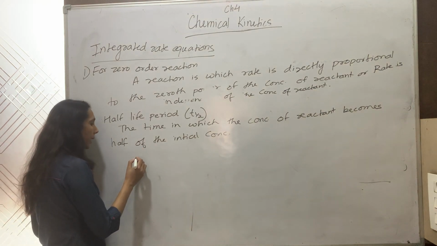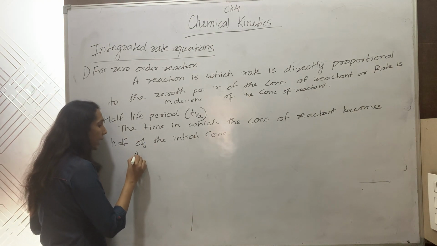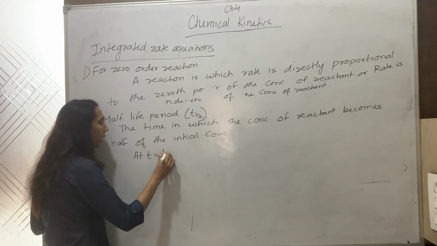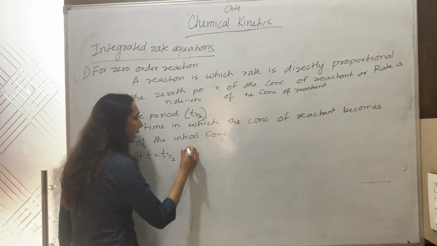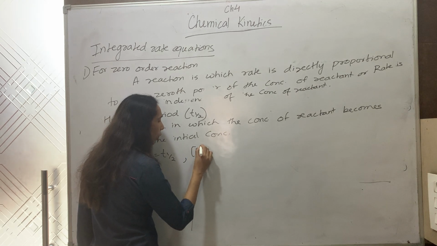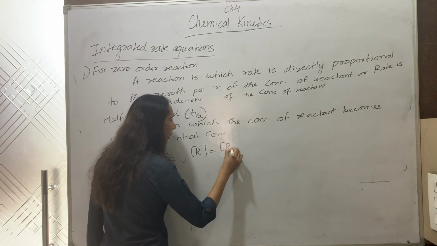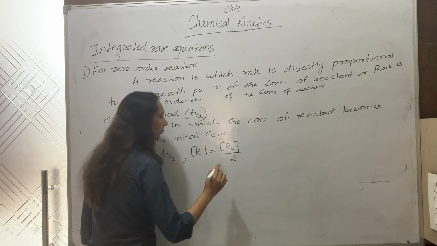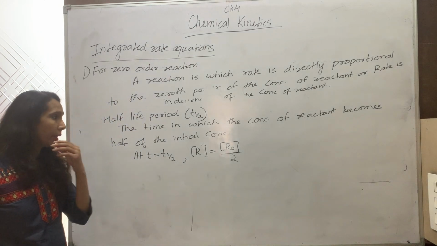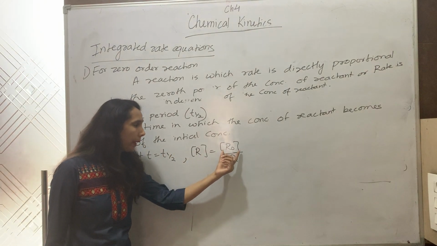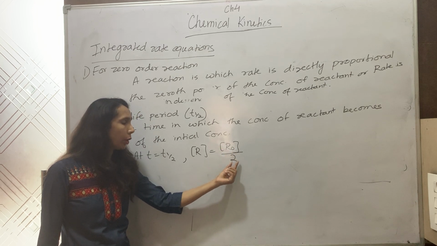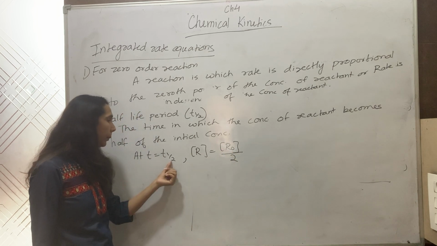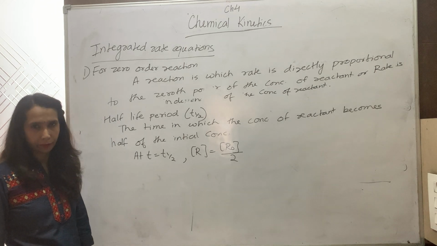That means at t equal to t half, if the time is half-life period, then R will be equal to R naught by 2. When the concentration becomes half of the initial concentration, from R naught, the time will be equal to t half.